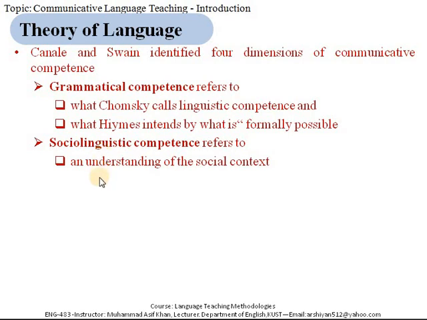So there are 3 things included in sociolinguistic competence: the role relationship, the shared information of the participants, and the communicative purpose of their interaction.